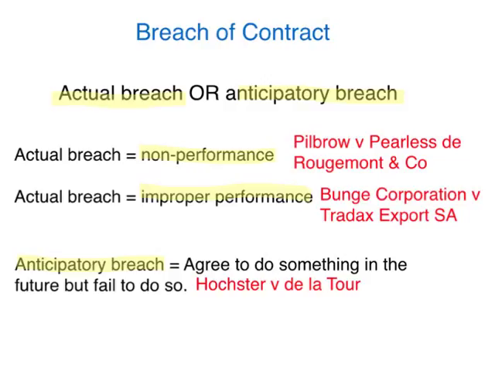It's important to note that the innocent party here doesn't actually have to wait until the date of the contract for that particular thing to be performed. They can actually sue straight away if there's an anticipatory breach.